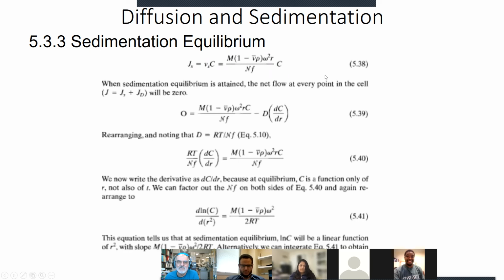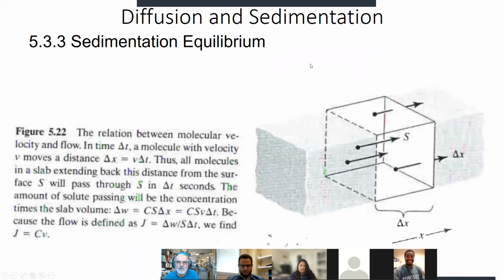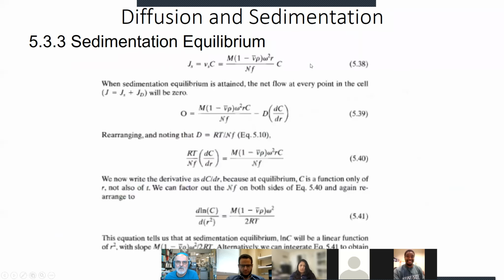Okay, so this slide is sort of doing what I was starting to do in my head back here. Let's use this as a better outline so that I don't make a mistake. So here's the flow due to velocity. And here's the flow due to diffusion.